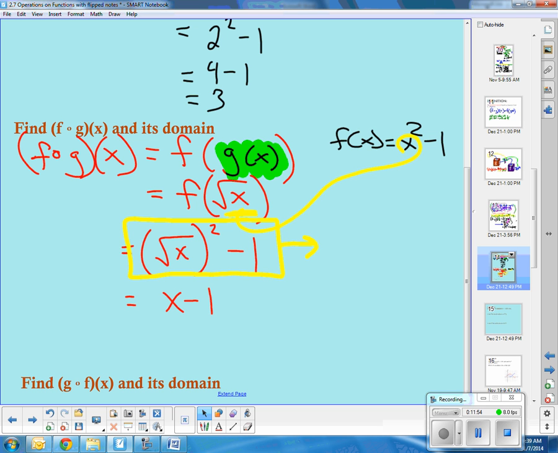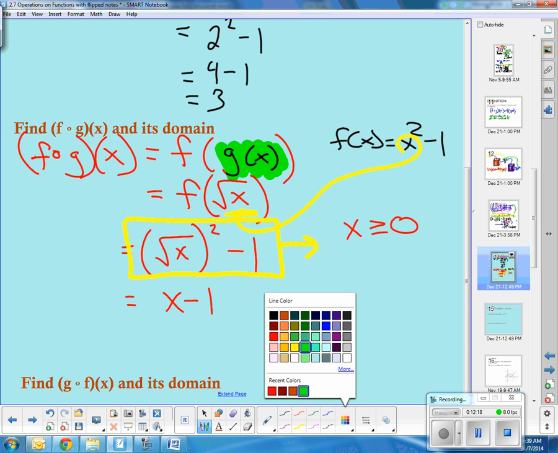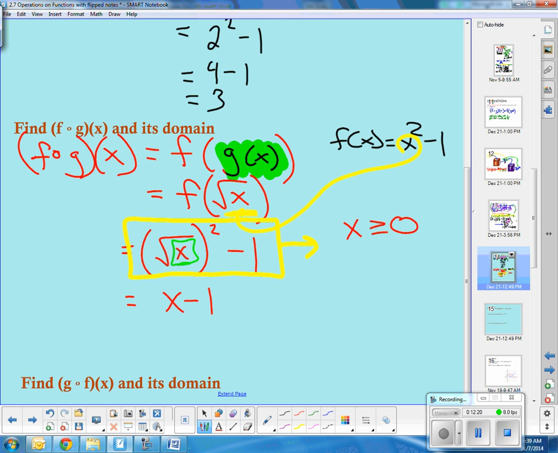So I'm going to look at what I've got in the box right now and look for my general pitfalls. I'm not allowed to have zeros in denominators. I don't have a denominator at all. And I'm not allowed to have negatives under radicals. So I'm going to look at this piece and say, well, I've got the square root of x there, so x must be greater than or equal to 0, which actually does become my domain. Because I'm not allowed to have a negative value in that spot.